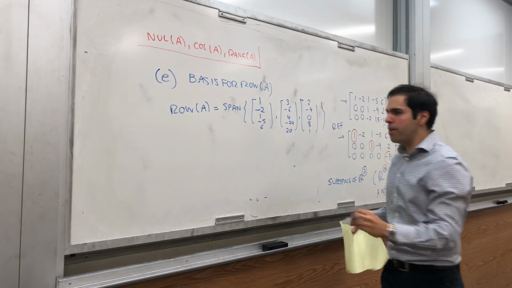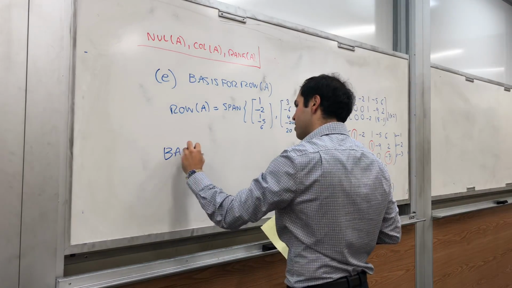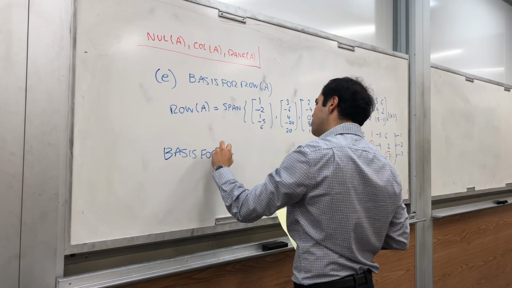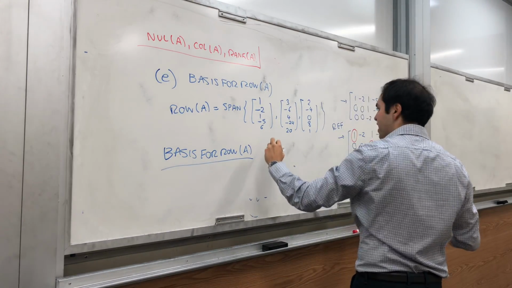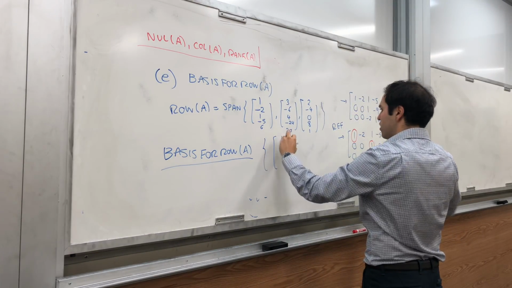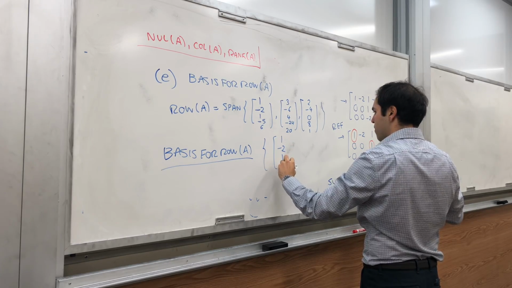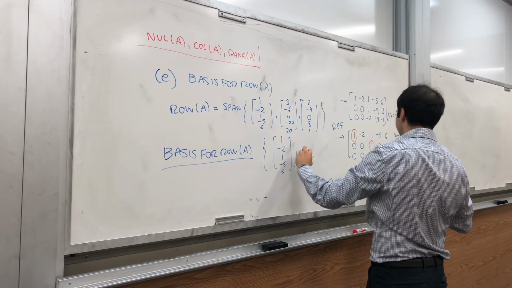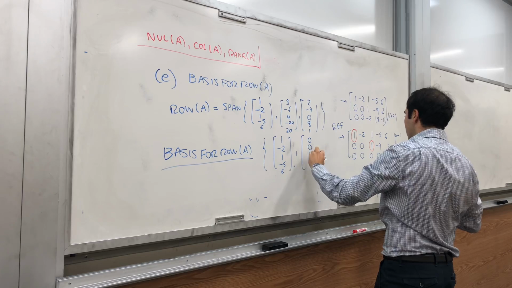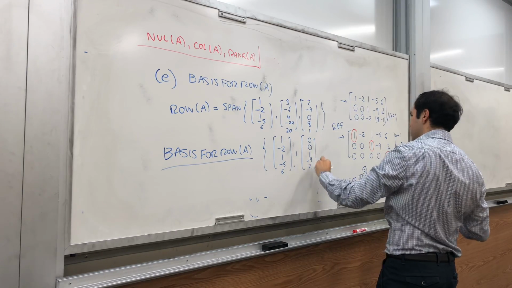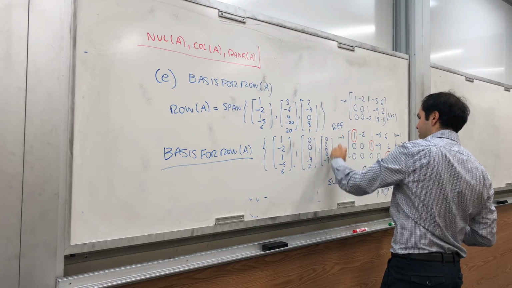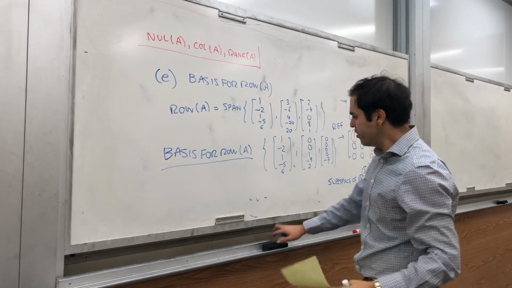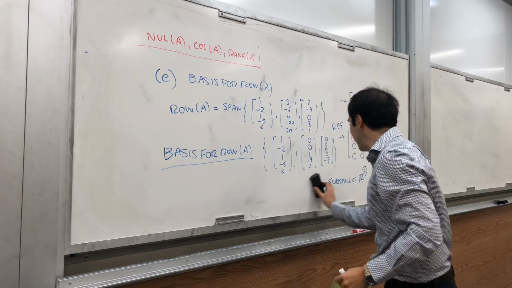So indeed, a basis for the row space of A are simply your new vectors. So (1, -2, 1, -5, 6), (0, 0, 1, -9, 2), and (0, 0, 0, 0, -7). And here notice the row space.